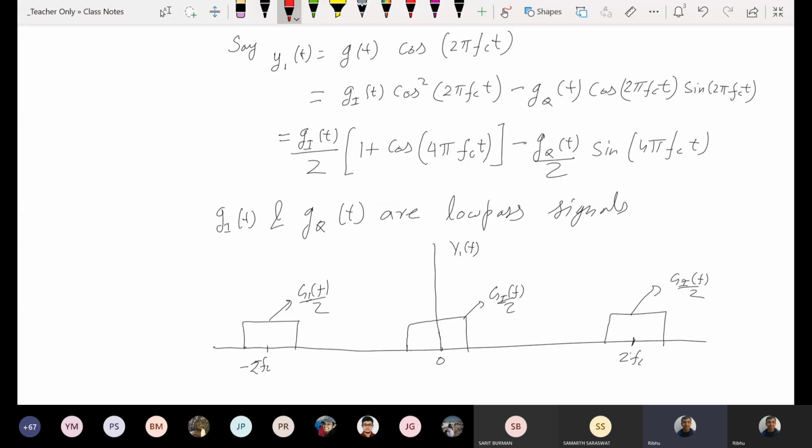Now gQ(f) by 2 gets added at these two points. There should be some subtraction.